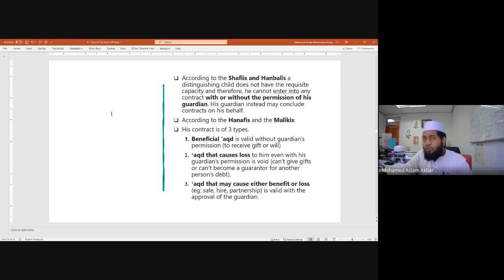This is similar to what we talked about earlier: the child cannot trade himself, according to Shafi and Hanbali. But of course, if he needs something, the guardian will take care of it. The job of the guardian is to fulfill the needs of that particular child.